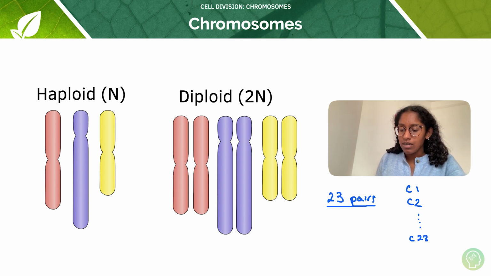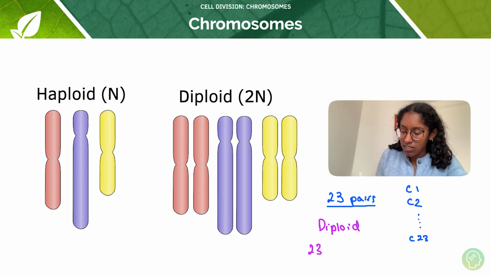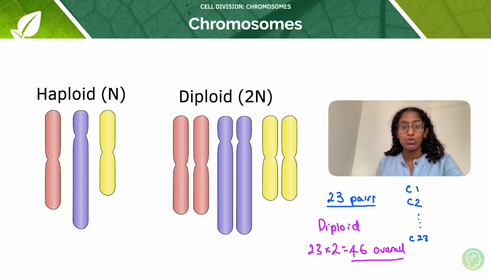Now, we are diploid organisms, which means that we have two sets of each chromosome. Hence, there are 46 chromosomes, because 23 times 2 equals 46. So there are 46 chromosomes overall, or 23 pairs, if you want to talk about them in terms of their pair numbers.